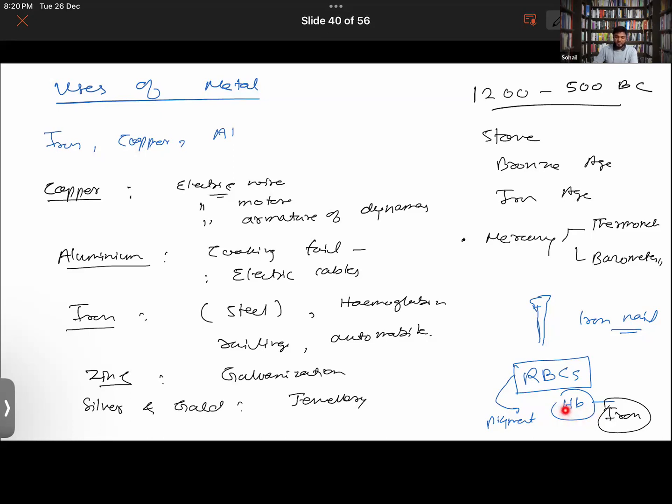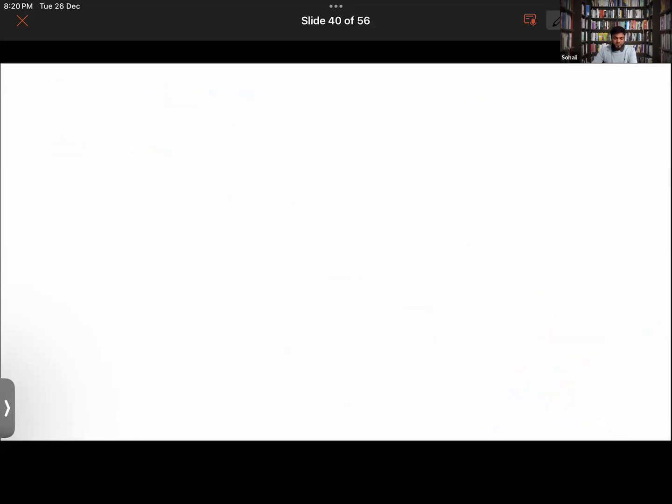So it means कि अगर lower level होगा iron का हमारे body में, so it means that there will be lesser level of hemoglobin. So lesser level of hemoglobin means that less oxygen will be transported to the different parts of the body. So hence हमारे different body के different parts में oxygen की shortness होगी. So that will make you feel tired. That will make you feel weak, right?